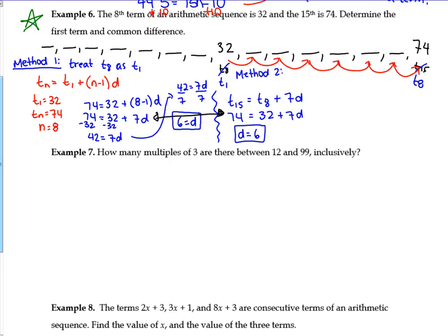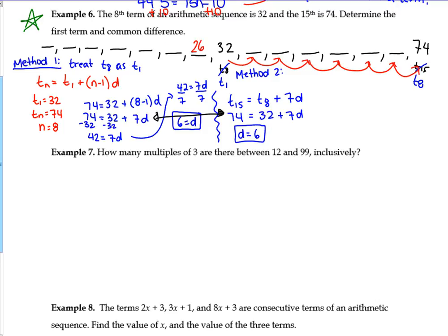For getting the first term, there's the algebraic method, and then there's just the figuring it out. Okay? So you know your common difference, so you can work backwards. So the common difference was positive 6. What would I do to work backwards? Subtract 6. So I just subtract 6 each time, and so 32 minus 6 is what? 26.